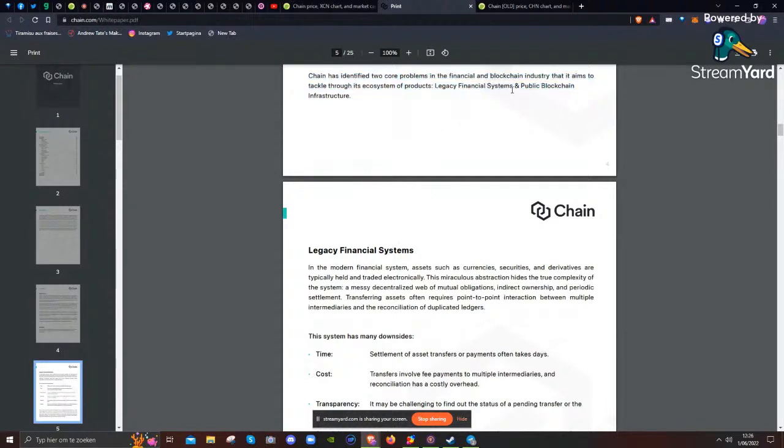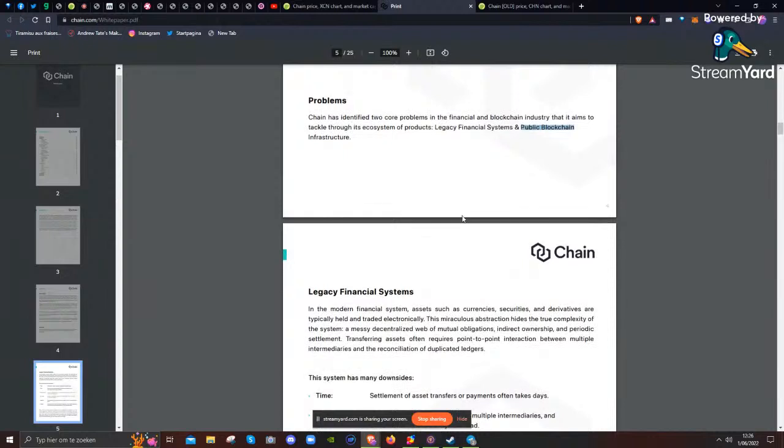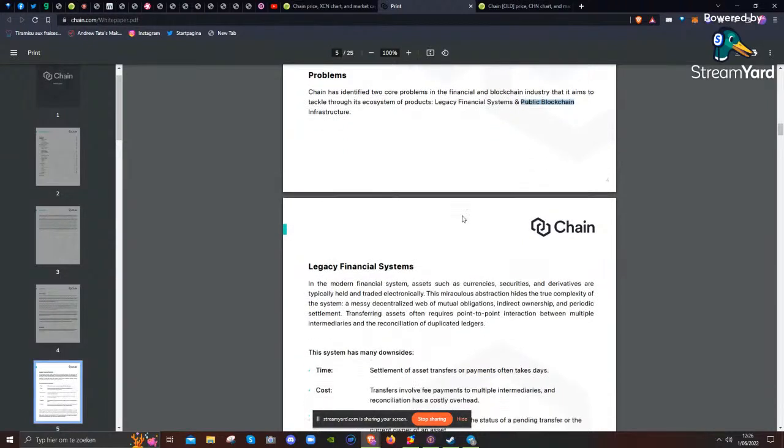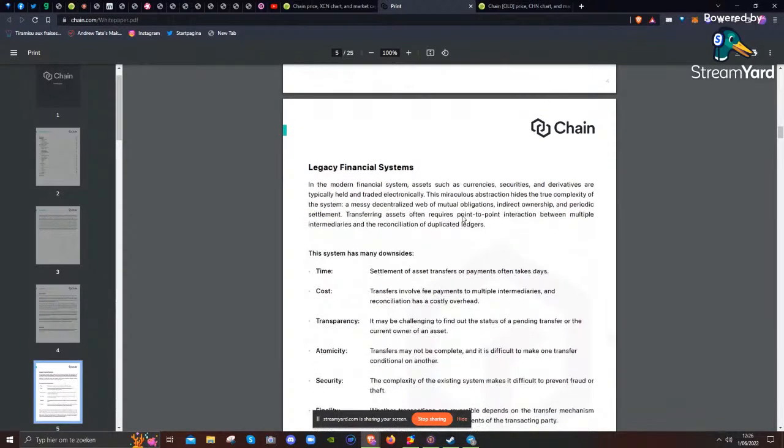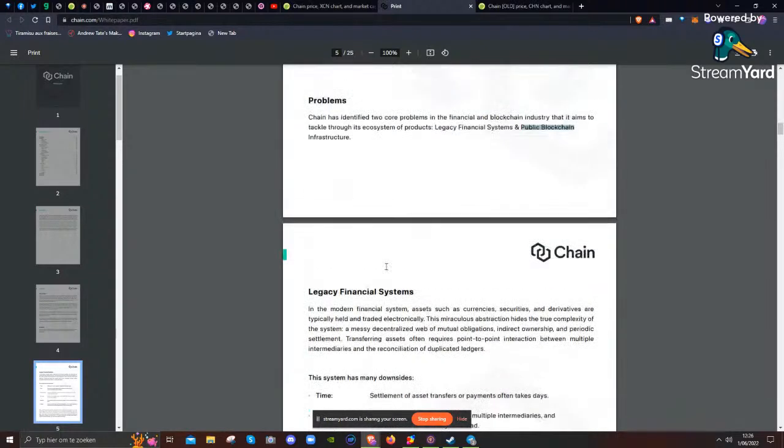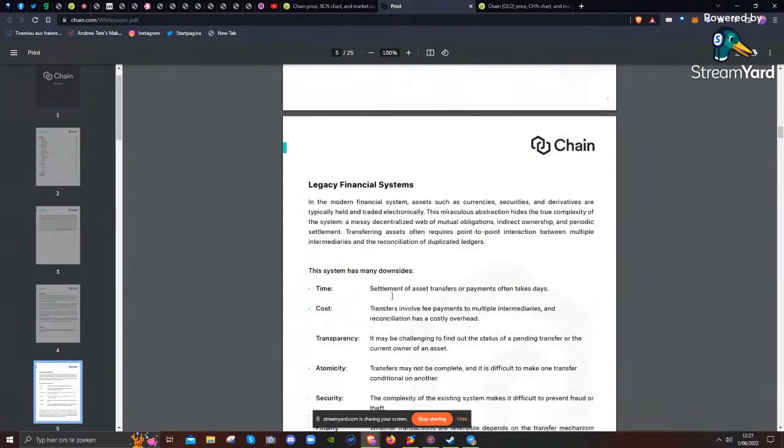So, in that sense, I might say a public blockchain indeed can pose a core problem to your business if you want to keep certain things secretive. Especially in these kind of setups, it can form a core problem.